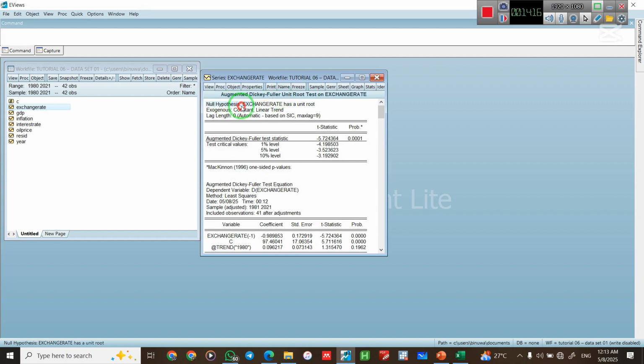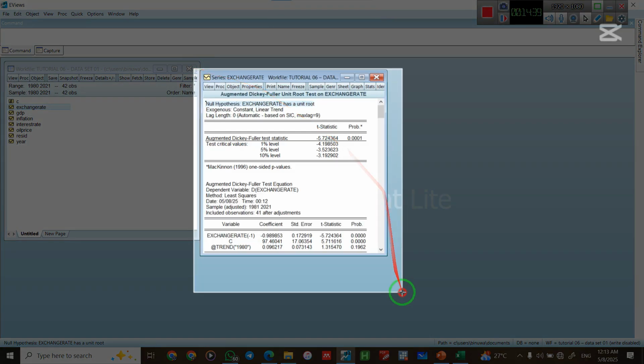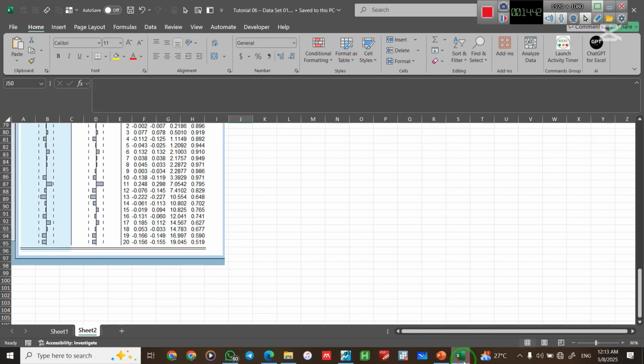So there is a null hypothesis. The null hypothesis is the exchange rate has a unit root. That means the null hypothesis is the variable is not stationary, right? And that means our alternative hypothesis is the variable is stationary, right? So I will take a screenshot of this and go to my Excel.